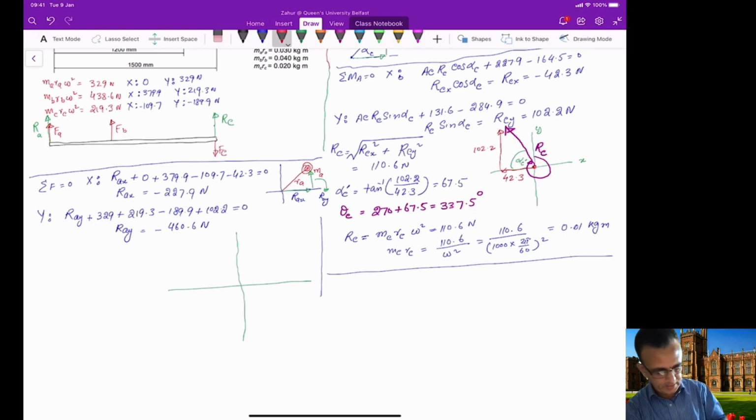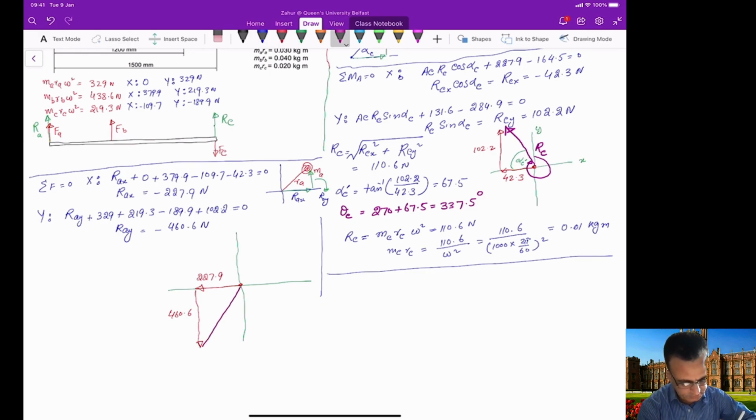As you can see, it's 227.9, and this is in the negative x direction, and again this is negative, so it is in this direction here. 460.6 here, and then the resultant force is in this direction, which is our RA.